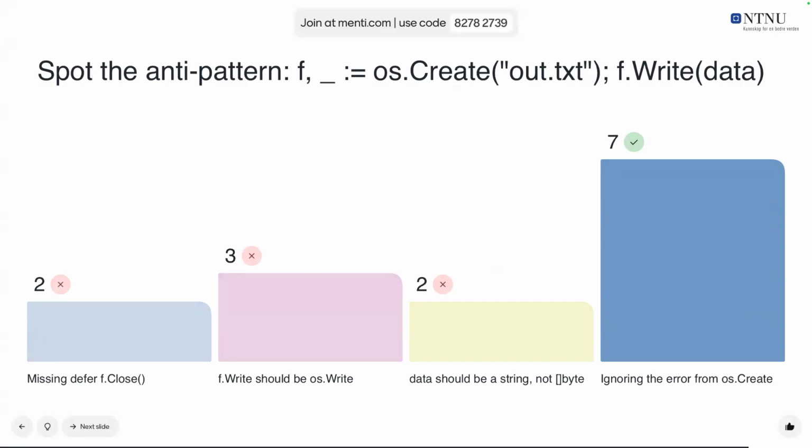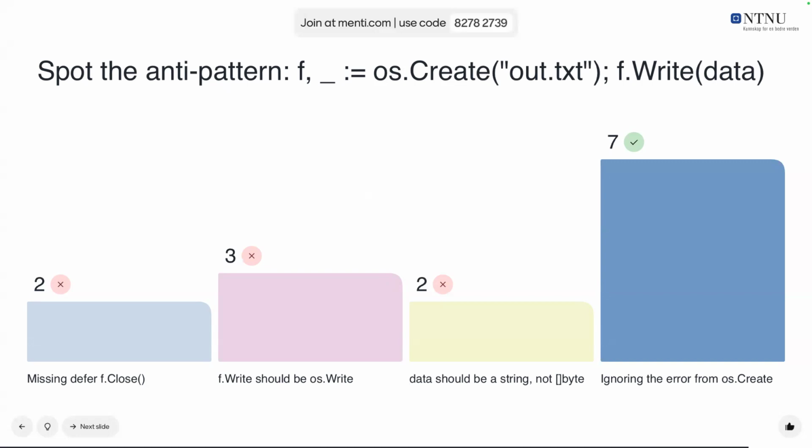If you are the code reviewer, should you stop the merge request if you see something like this? Who thinks you should stop the merge request? Yeah, I think we should stop the merge request.